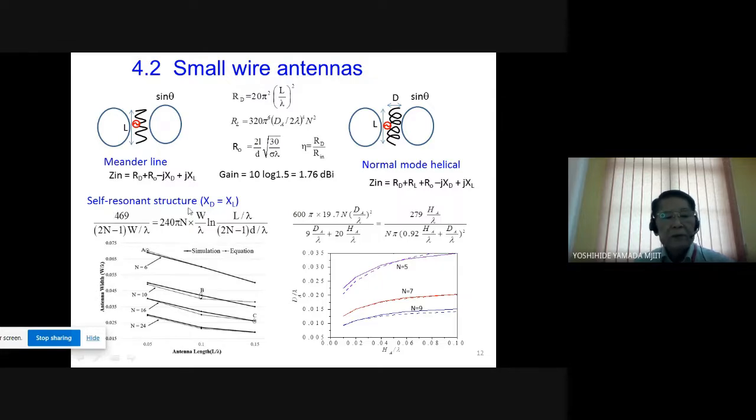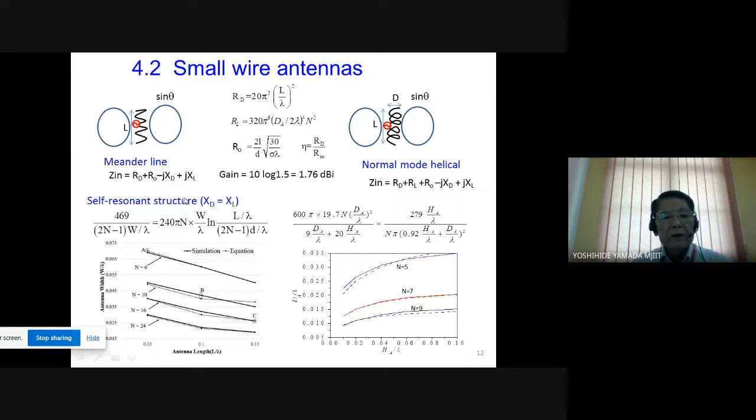the self-resonant structure is expressed by this equation. W is width and L is this length, and N is the number of turns of meandering.